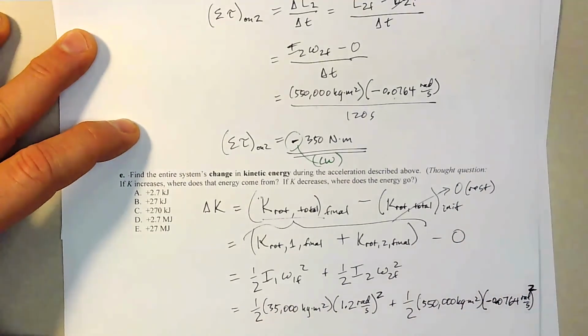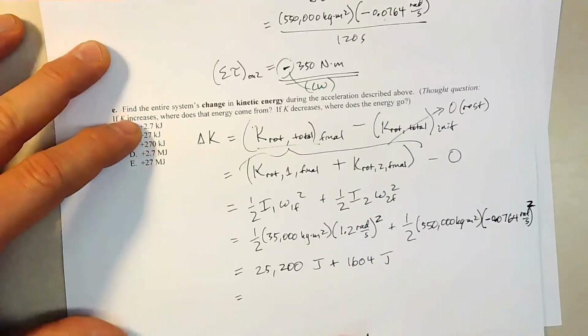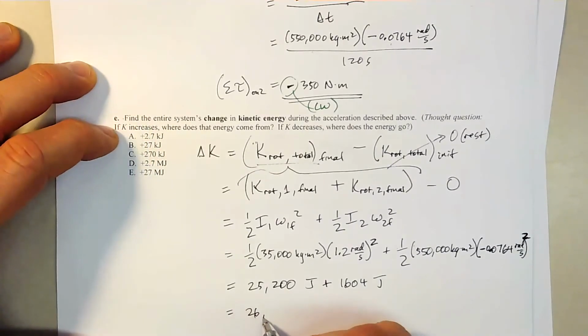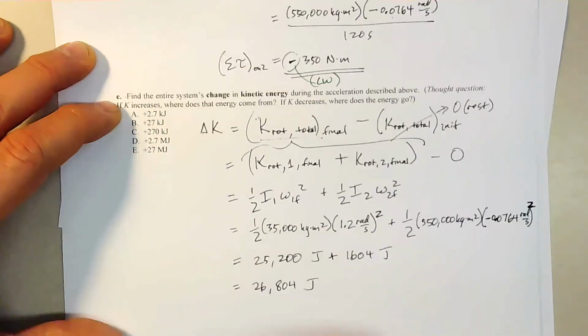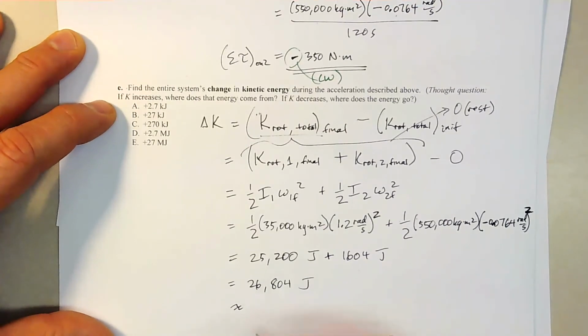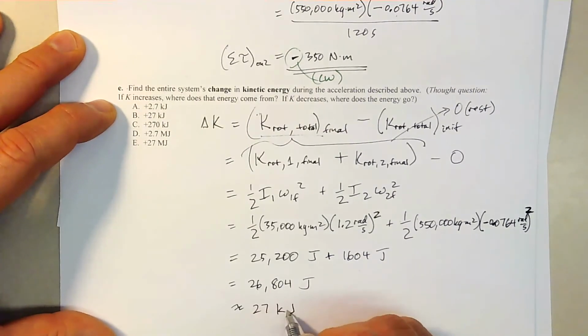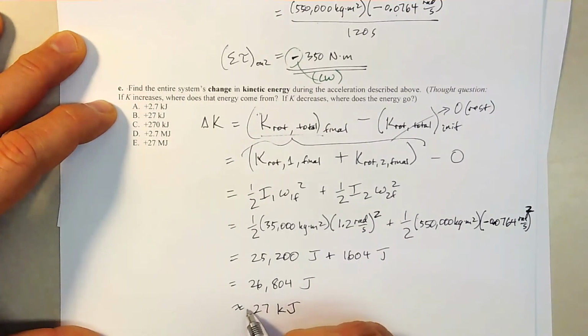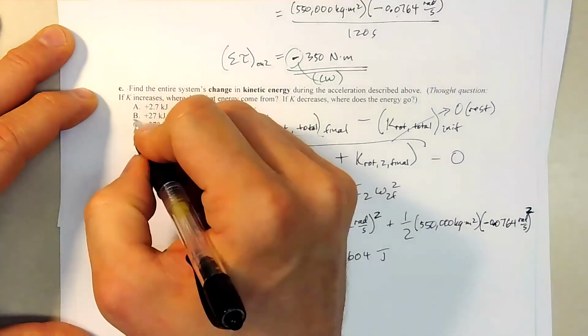When I calculate this for my final answer, I get 26,804 joules, or, since this is roughly a 2 sig fig problem overall, 27 kilojoules. And of course, it's a gain, for the reasons that we just discussed. That's what we would expect.